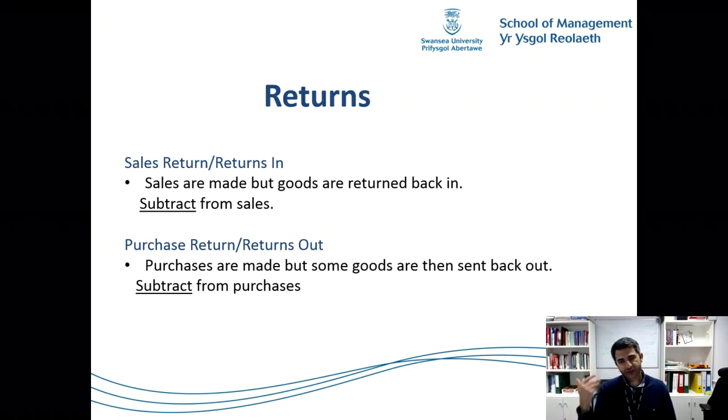Tesco returned the bananas to the supplier. So that's called purchase return. Purchases are made, but some goods are then sent back. So it's a purchase return for Tesco, right? But for the supplier, what is it? It is the sales return. So again, if it was a purchase return, we need to subtract it from purchases. I hope that is clear.